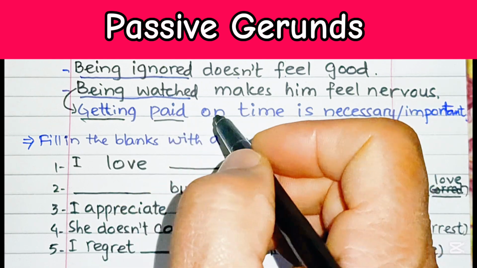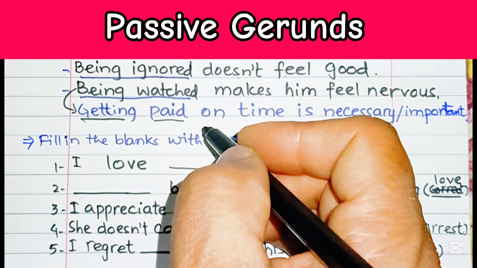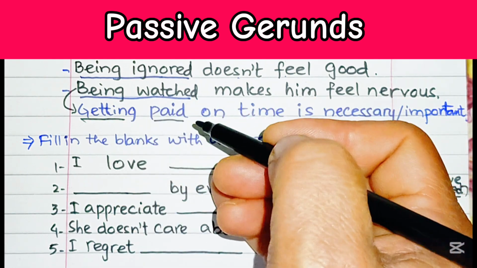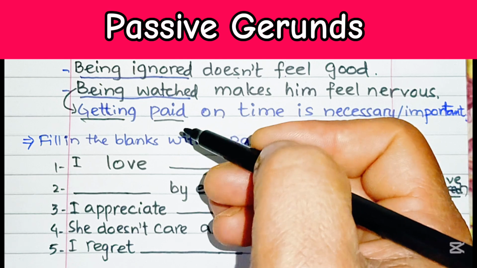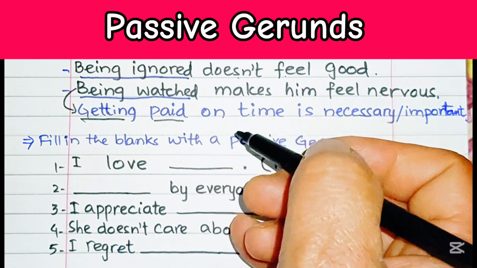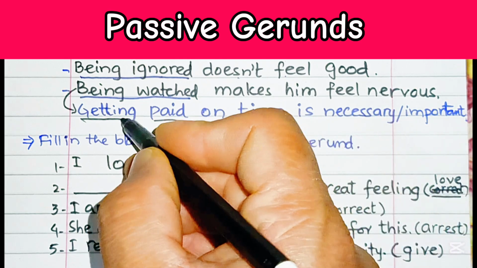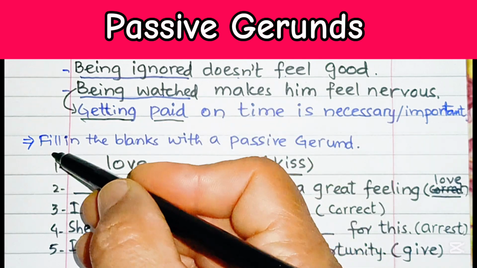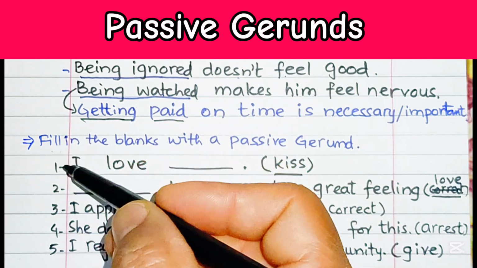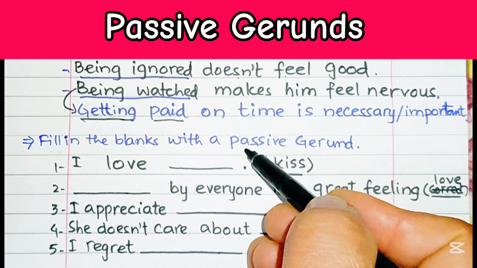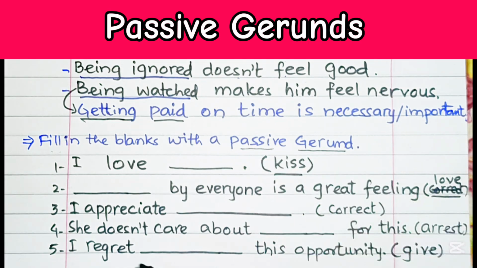Remember that passive gerunds are used to express a continuous action and after verbs that are usually followed by ing forms. Now let's have a short quiz. Fill in the blanks with a passive gerund. Let's test ourselves.